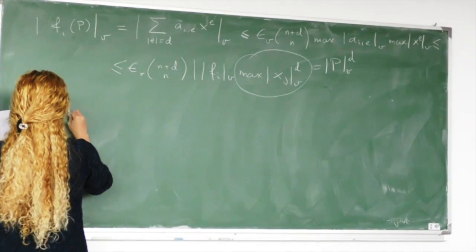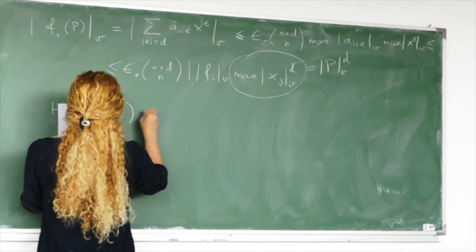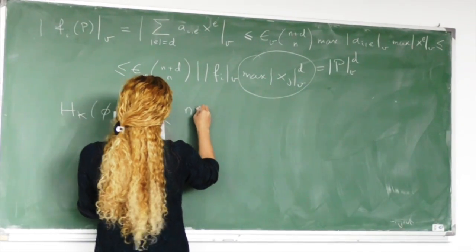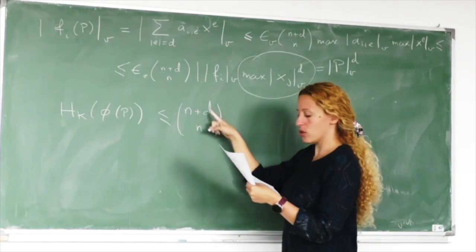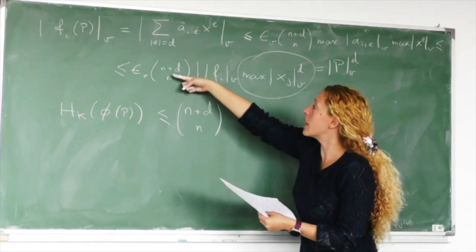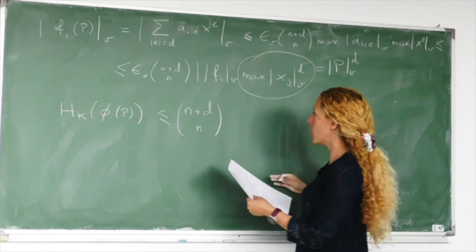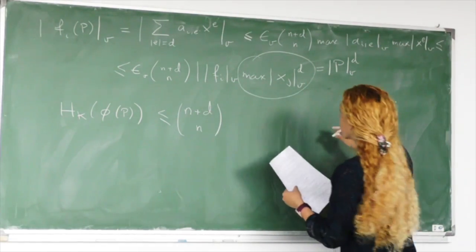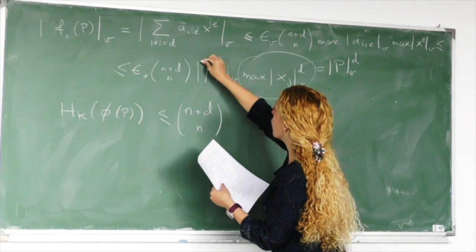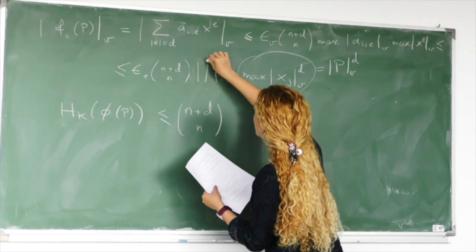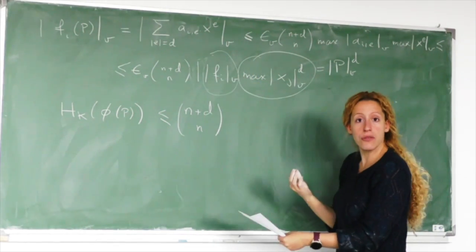What I get is that the height of phi of P is less or equal than this constant, but this constant is less or equal than this. It could be directly equal to 1 in the non-Archimedean case, but in general it's smaller or equal than all these. And this is something that only depends on phi.